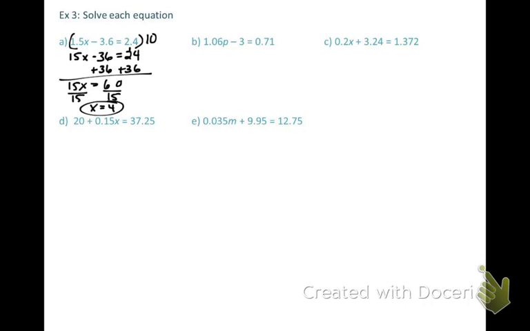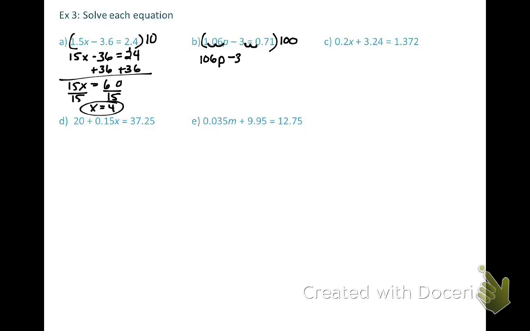All right, the next one I have, the hundredths is the highest place over on B, so I'm going to multiply everything by 100. So that means I'm moving the decimal over 2 spots this time. So it's going to be 106p minus... Well, where's the decimal on the 3 located? Behind the 3. So I'm going to move it over twice.